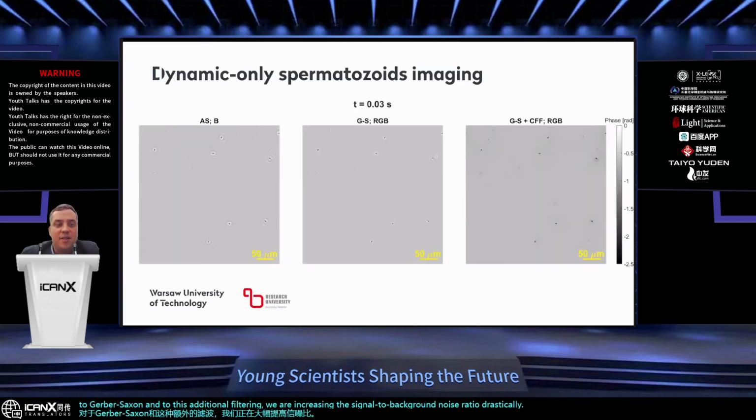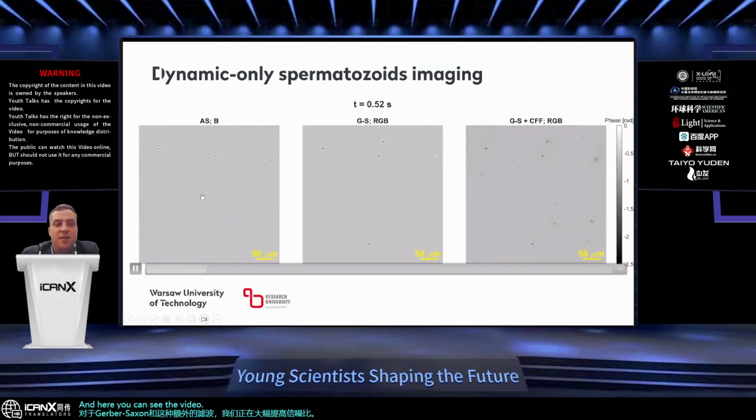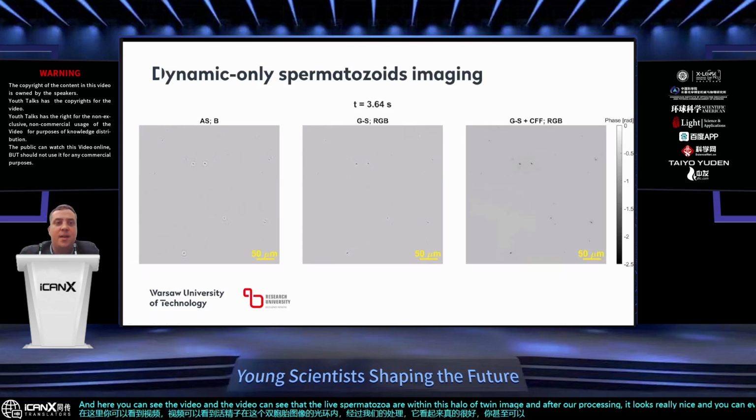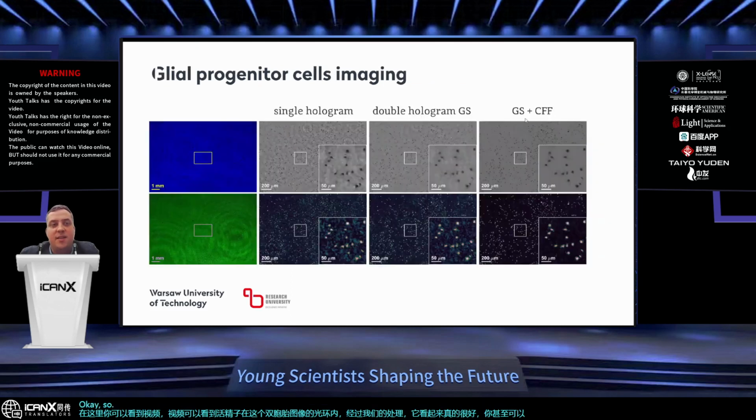And here you can see the video, where the live spermatozoa are within these halos of twin image, and after our processing, it looks really nice, and you can even see the tail of the spermatozoa quite nicely.